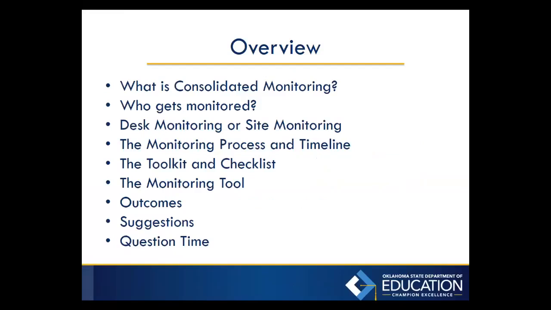So we'll look at the toolkit and the monitoring checklist, which were sent out, and then most importantly, the monitoring tool, which is a kind of big, comprehensive document. And then I'd like to look a little bit about outcomes. What are the possible outcomes by the end of the year? I have a few suggestions, and then we should have some question time at the end of that.